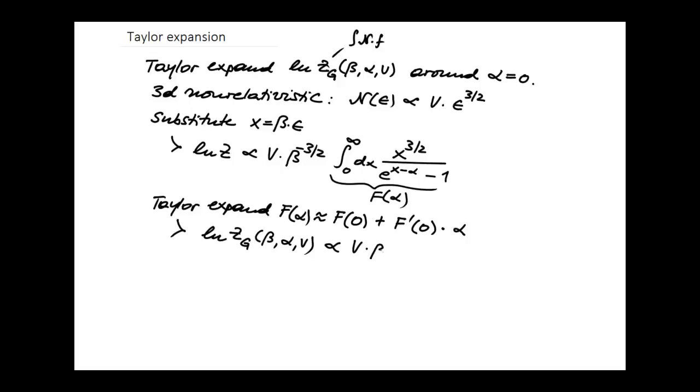It goes like inverse temperature to the power minus 3/2, and then as for the dependency on alpha, we can write this approximately as 1 plus f prime at 0 over f at 0 times alpha, where the f prime and the f of 0 are just numbers.